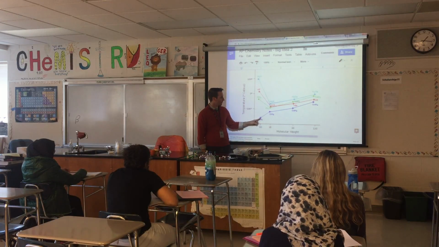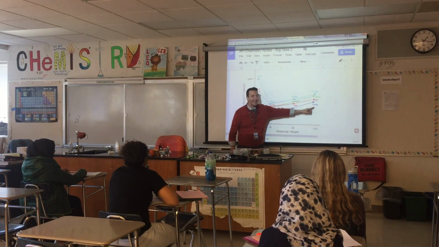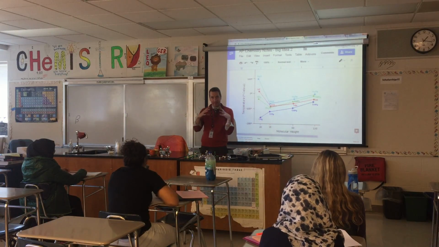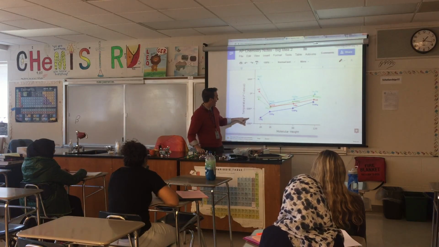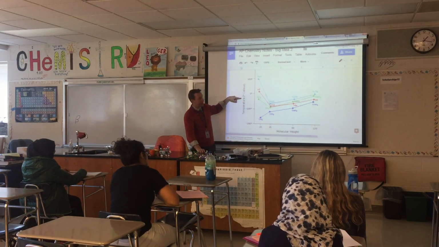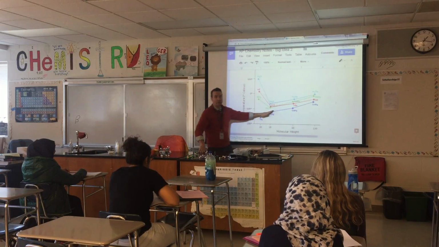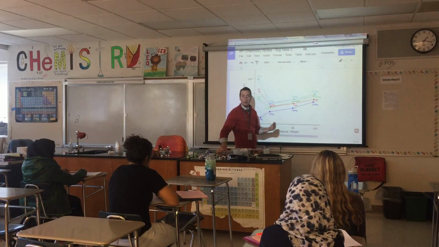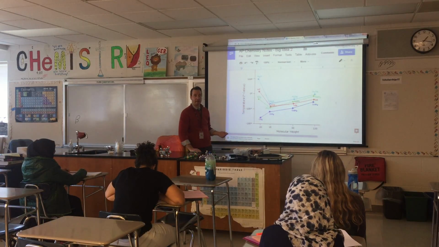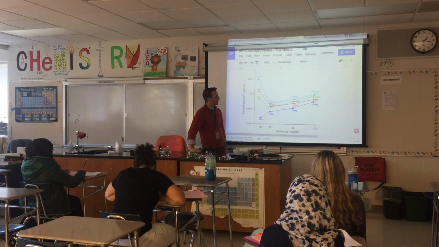So if we look at this dark blue line, as we go from CH4, SiH4, GeH4 to SnH4, the central atom is getting larger and larger, right? But they're all similar, and this axis is the boiling point. The boiling point is increasing as well. So as the molecules get slightly bigger, their polarizability gets bigger, and so their intermolecular forces get stronger.